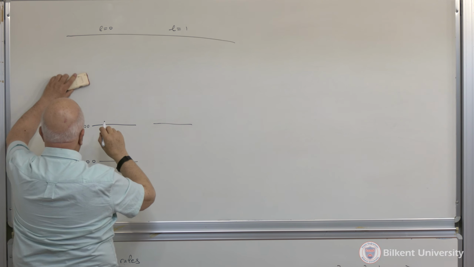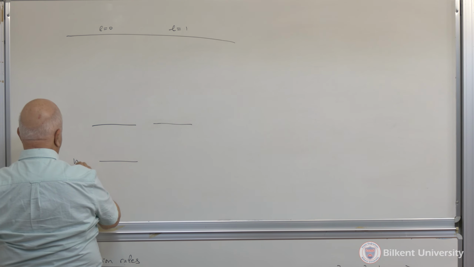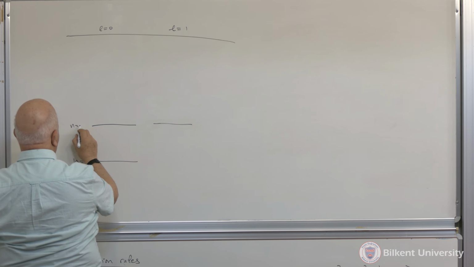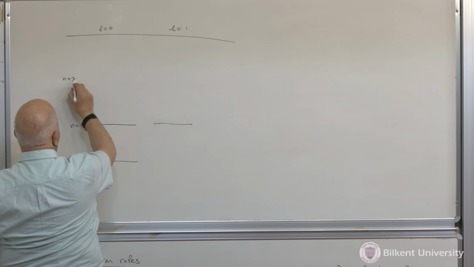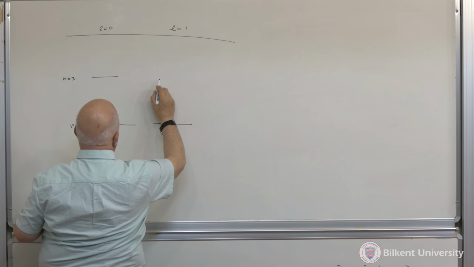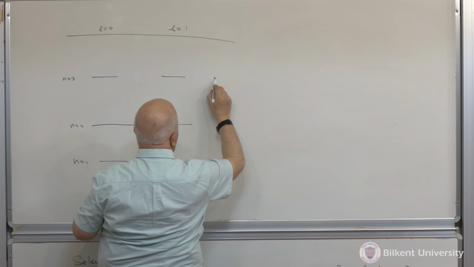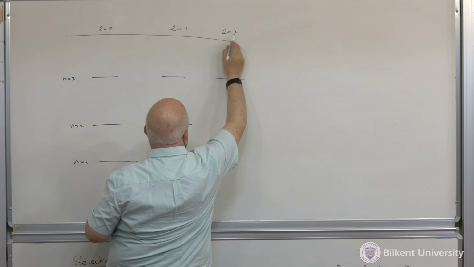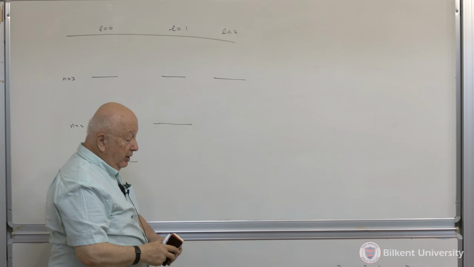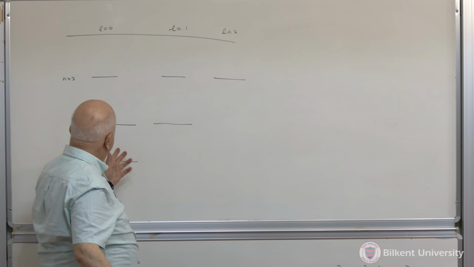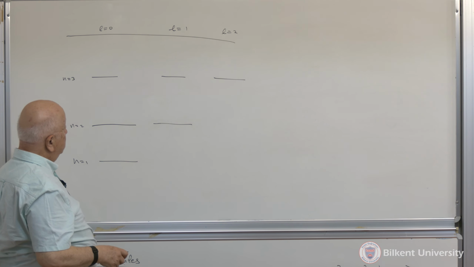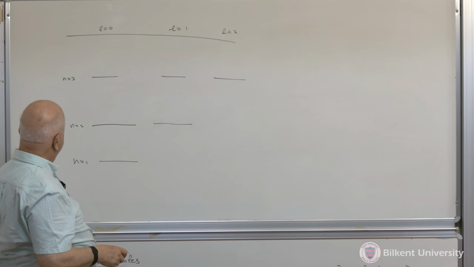These are the n states: n equal to 1, n equal to 2, n equal to 3 state, L equal to 0, L equal to 1, L equal to 2. In addition there is M, but the diagram will be too cluttered if we do that.